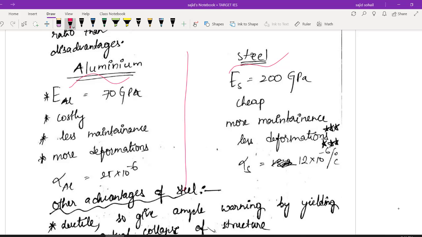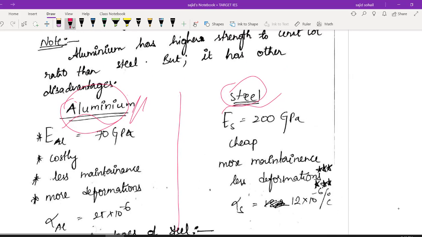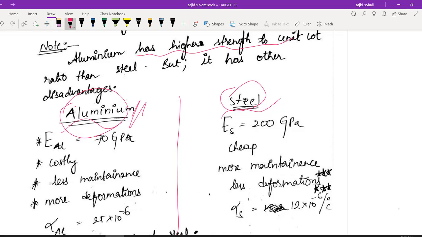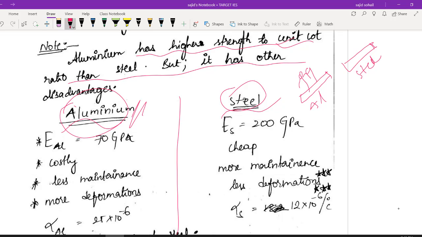Steel का काफी नियर बाय मटेरियल होता है aluminium, because we also frequently use aluminium in our houses, right? So let us compare what is better and what is not. See, aluminium clearly has higher strength to unit weight ratio compared to that of steel. So if you have two bodies, one aluminium and दूसरा steel, same dimensions, this aluminium can take more load compared to that of steel.